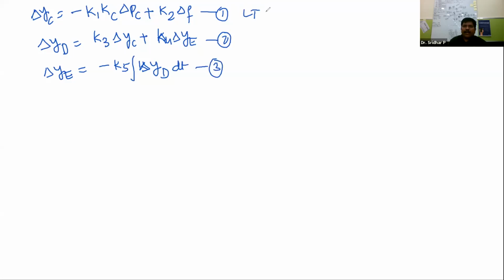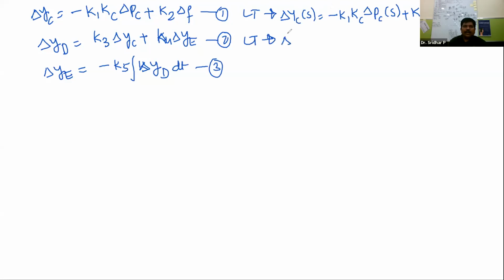Then apply the Laplace transform for equation number 1. What you are going to get: delta yc of s equals minus k1 kc delta pc of s plus k2 into delta f of s. For the second expression also you apply the Laplace transform, because you have to apply the Laplace transform to get the transfer function.